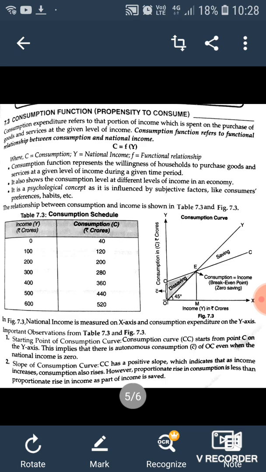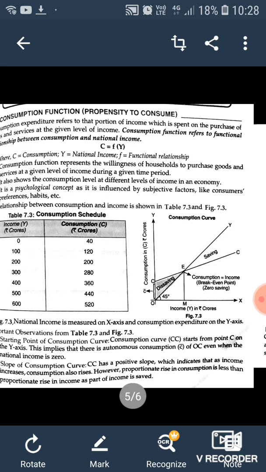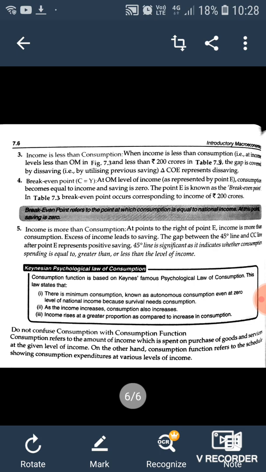So all the points are discussed here: income less than consumption, income equal to consumption, and income more than consumption. The slope is also discussed, and we also talked about the starting point of the consumption curve.